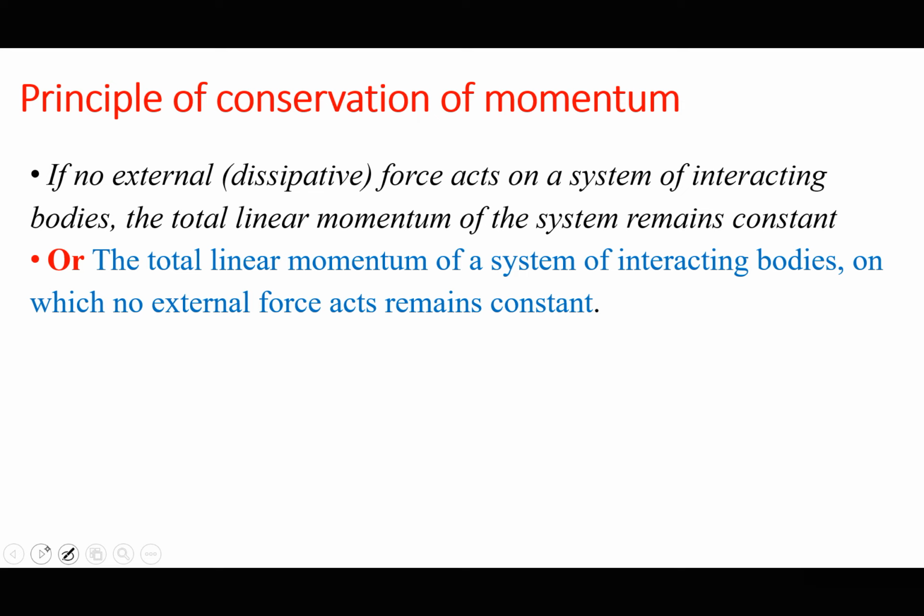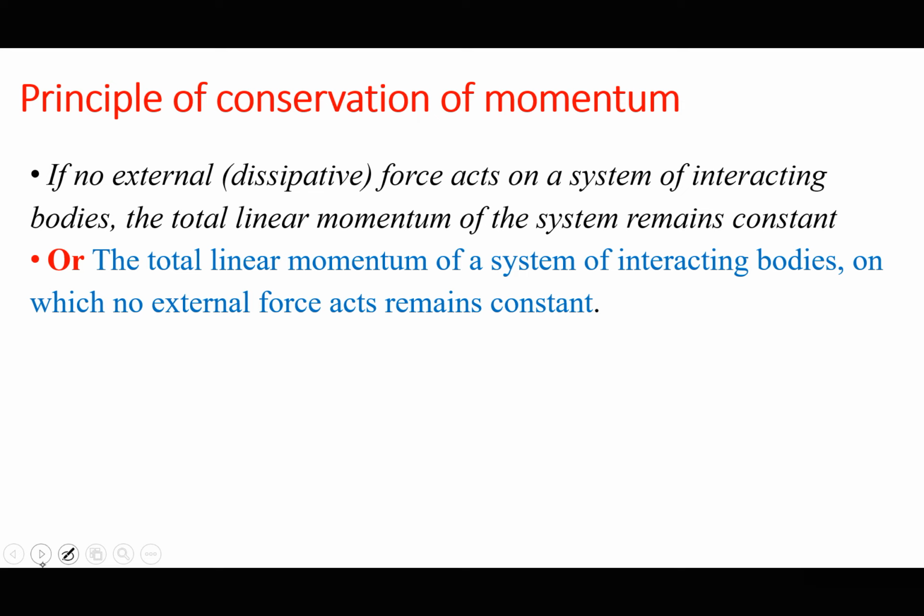Here we must have a system of interacting bodies. We can't have one body. You can't say the total momentum of the body remains constant. We must have a system of interacting bodies because one body must exert a force on another body so that the other body also exerts an equal but opposite force on the first body. So the total linear momentum of a system of interacting bodies on which no external force acts remains constant.